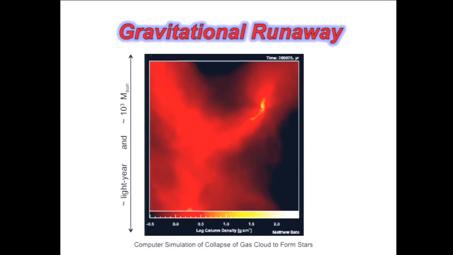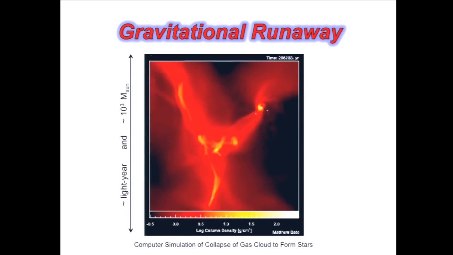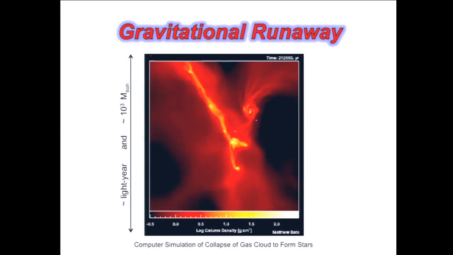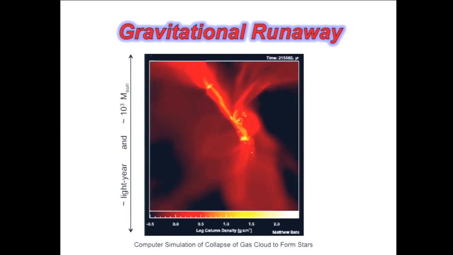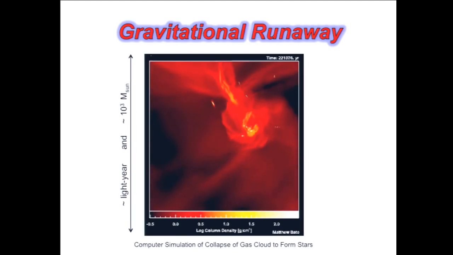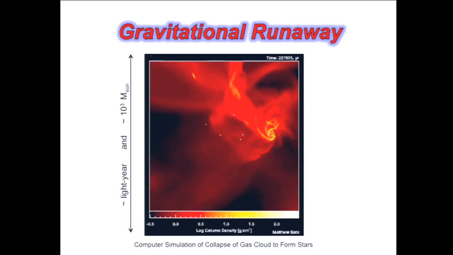So some of the stars that look close to each other are actually not physically close to each other. One can be here, one can be back here, but when you project it onto a single plane, they look close to each other. So there is some projection effect in the image.